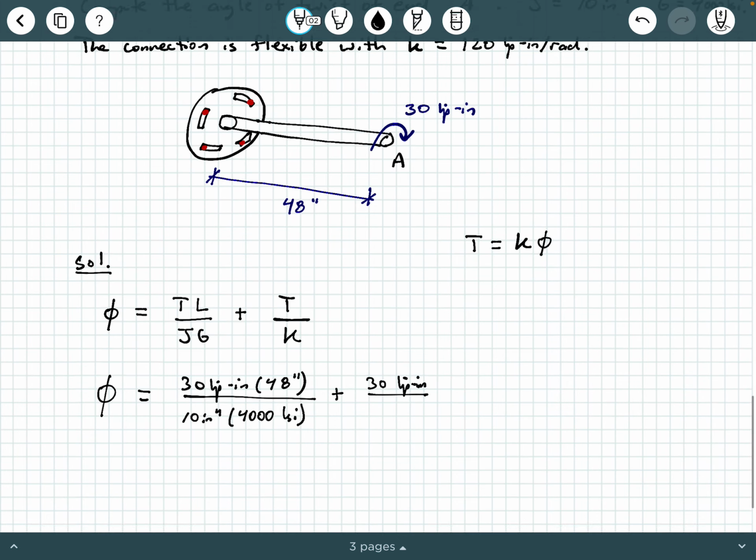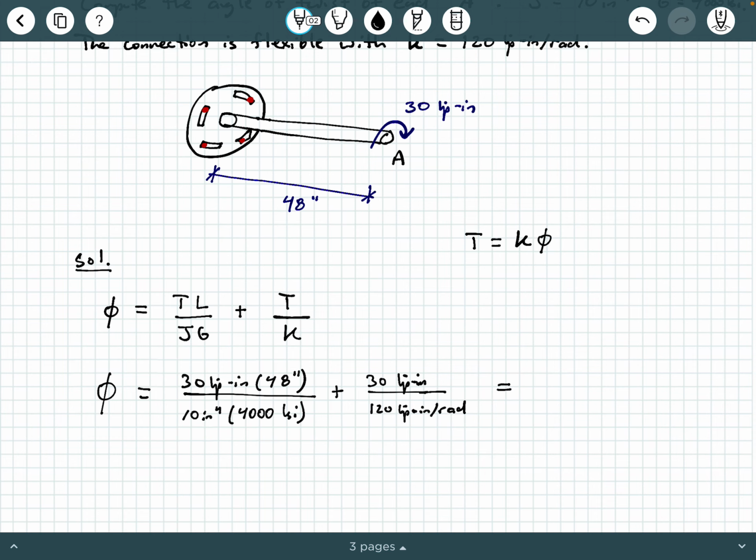And so let's punch this all through and see what we get. We get 30 times 48 divided by 10 times 4,000. And so the first term becomes 0.036 radians. And then we add that to 30 divided by 120, so plus 0.25 radians.